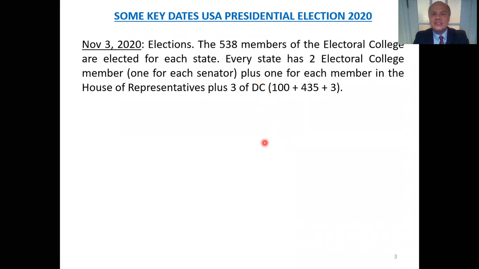Every state has 2 Electoral College members, 1 for each senator that they have, plus 1 for each member in the House of Representatives. And this number of representatives has to do with the size of the population for each state, plus 3 votes for the District of Columbia. The addition of all these votes are the 538 votes that the Electoral College has.